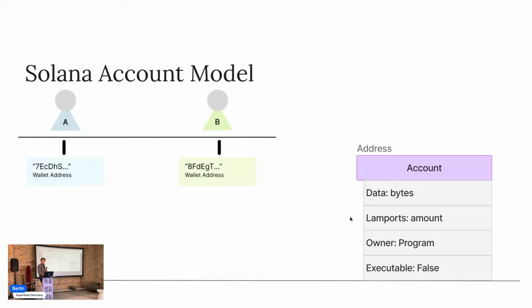In the lamports field, lamports is the lowest denomination, like satoshis for Bitcoin; a lamport is one billionth of one Solana token. Then you have the owner, the program that can modify the account data. And then you have a Boolean flag in the executable field, which is false. This would be true if it was a program. And programs are just smart contracts on Solana.